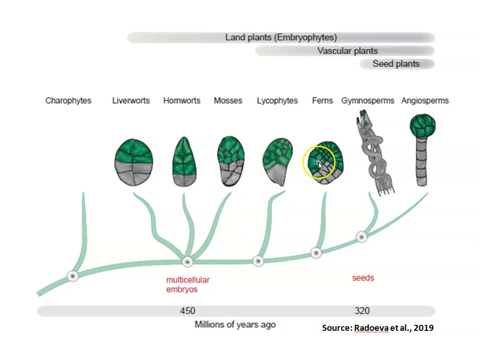Then in lycophytes, ferns, gymnosperms, and angiosperms, I can see the upper part of the embryo, this green color indicates the pro-embryo or apical part of all embryos, where the lower part, the gray color, indicates the foot in liverworts, hornworts, mosses, and ferns, and the suspensor in lycophytes, gymnosperms, and angiosperms.